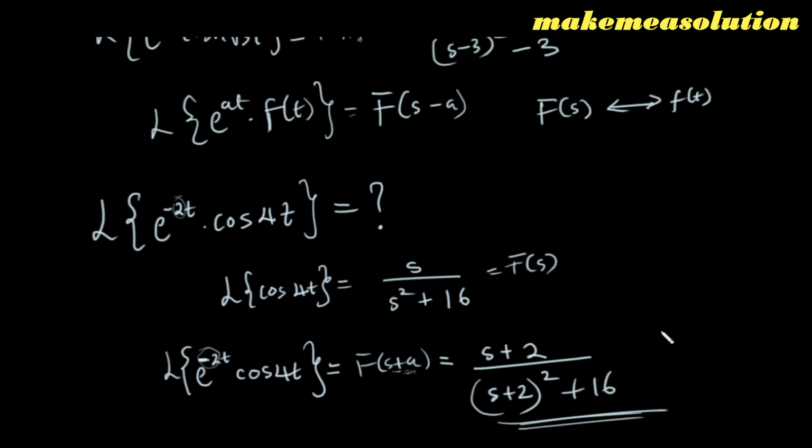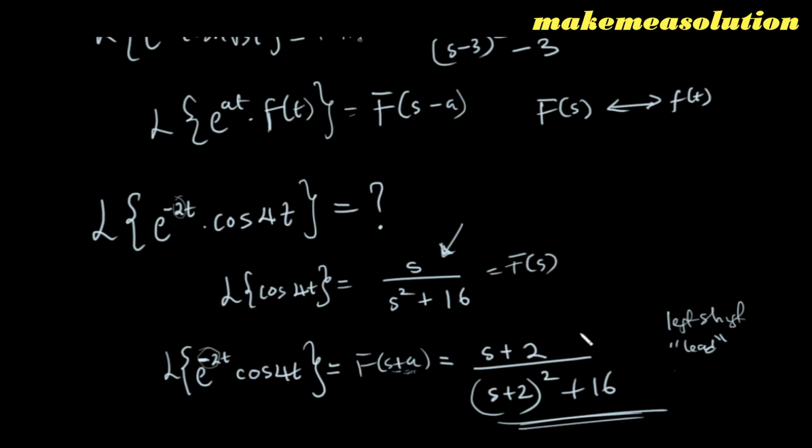This is actually a left shift or a lead. Our normal Laplace transform function, our normal f of s, was shifted 2 units to the left. Two units to the left is s plus 2.